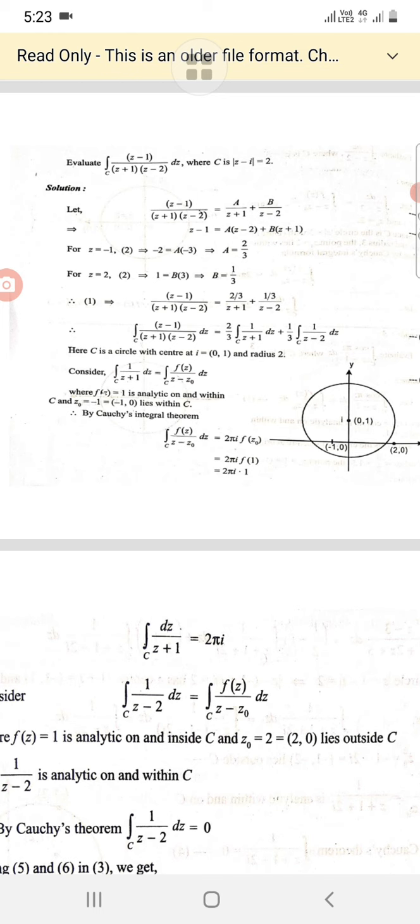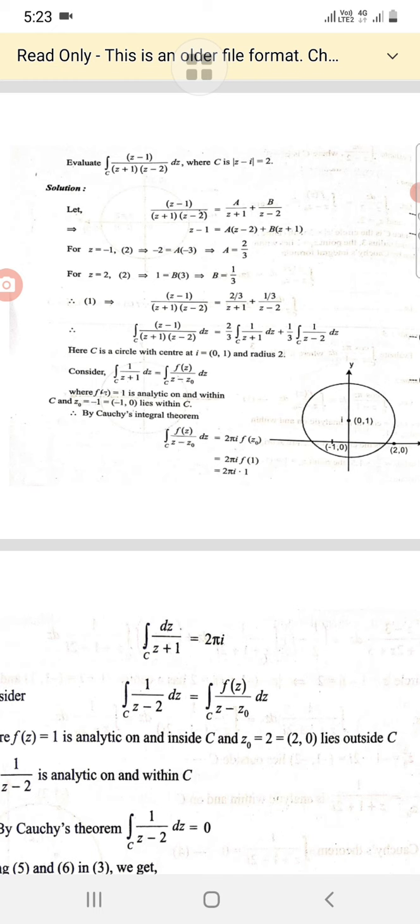For the first term, the integral over C of 1 divided by z plus 1, dz, is equal to the integral over C of f of z divided by z minus z naught, dz. Comparing, f of z is equal to 1, which is analytic on and within C, because z naught is equal to minus 1.